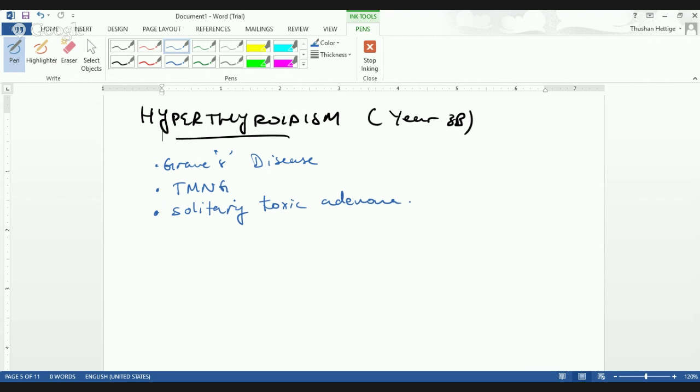Here's another cause. Let's give you a Monash question. A 22-year-old gymnast presents to you with tremor, palpitations, sweating. You test her thyroid function, and she's got a low TSH and a high T4. You check her.